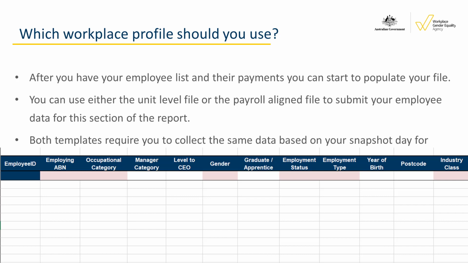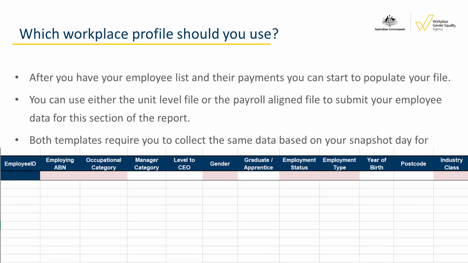Level to the CEO, this is a voluntary column for you to indicate levels of leadership. Gender, you must enter either F for female, M for male, or X for non-binary or other employees who do not identify within a binary gender identity.